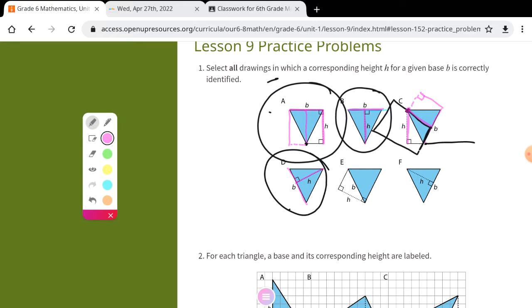Let's highlight our base. Highlight our height. Is that a right angle? Chase, where could I draw my height in this one to make it work? If I said, how tall is that triangle?